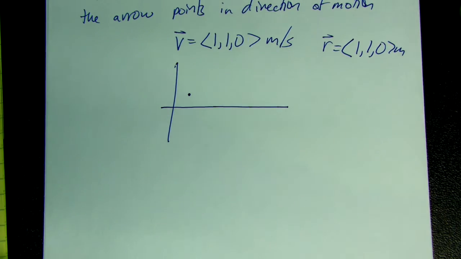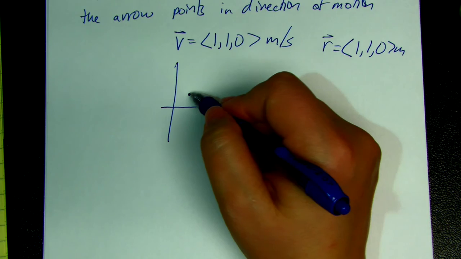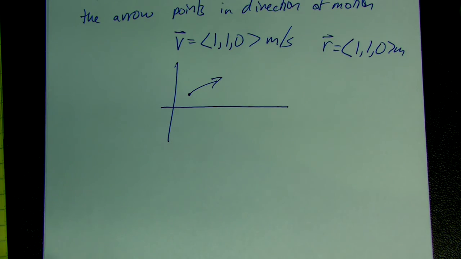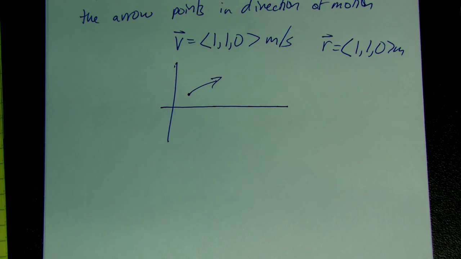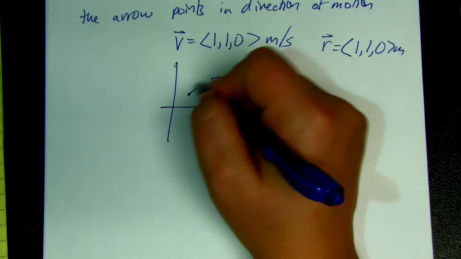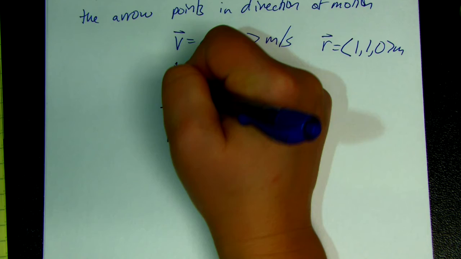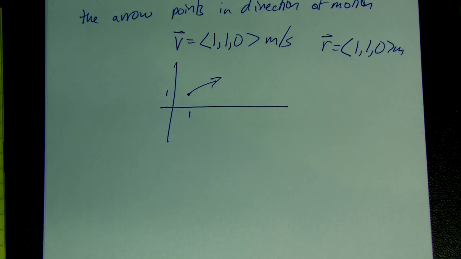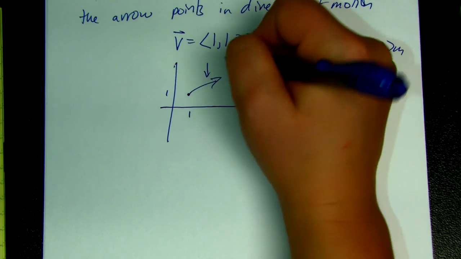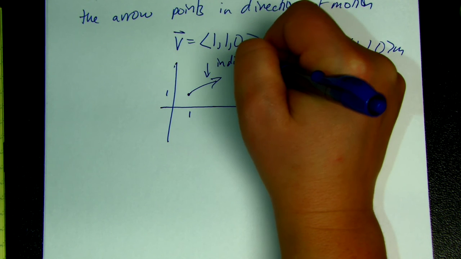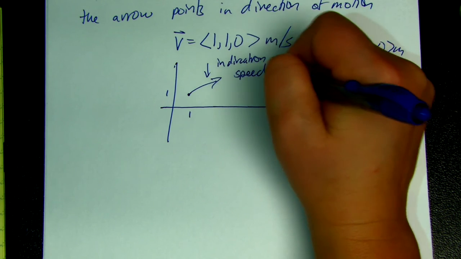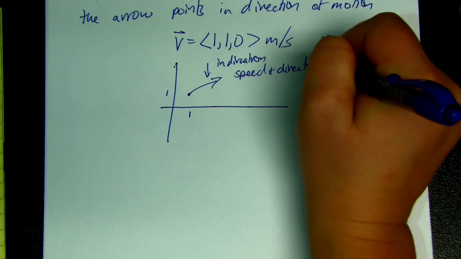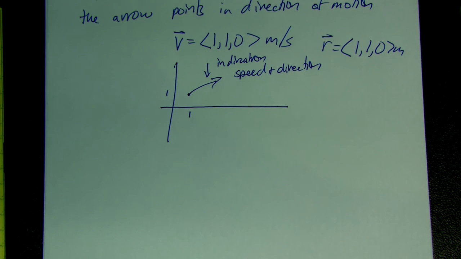So the object is located here, and it's moving 1 meter per second in y and 1 meter per second in x. So then this would be what the velocity vector would look like. So in this case, this is indicating speed and direction.